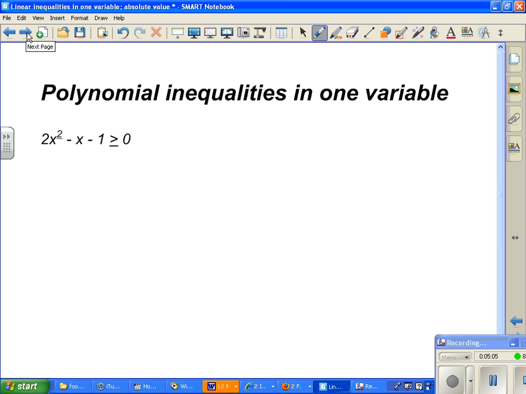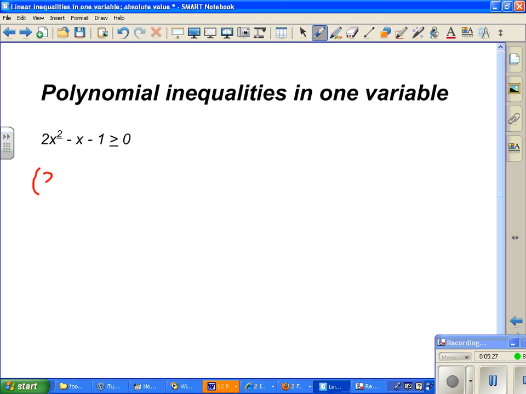Take a look at the next one. Polynomial inequality in one variable. Okay, well, interesting here. If we're doing it in one variable, it'll make more sense if we do it in two, so we'll probably graph it in two here. But first thing I got to do is factor this.